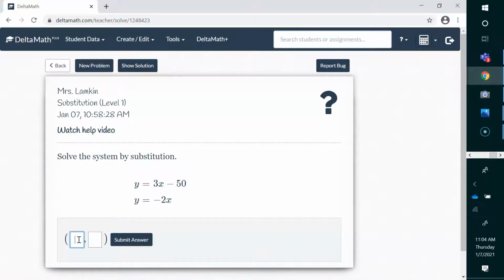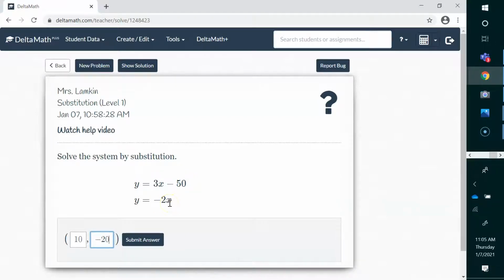They already have the parentheses down here for you. 10, negative 20. How do I know I'm right? If you were to put the 10 in place of x right here, what's 3 times 10? What's 30 minus 50? Negative 20, right? Well, let's try it down here.